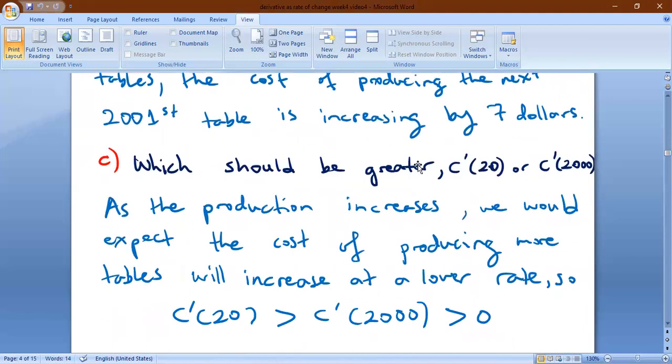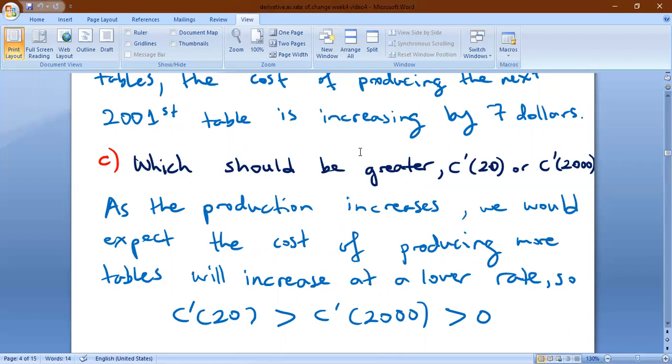Okay, and part c. Which should be greater, C prime of 20 or C prime of 2000? This is actually going into economics. If you think about cost functions, if the production increases, you know that your cost per table will be decreasing.